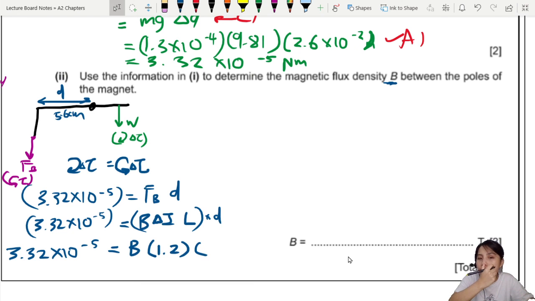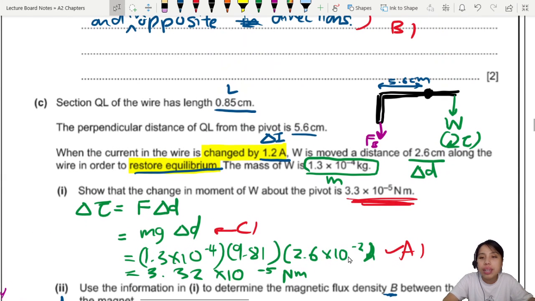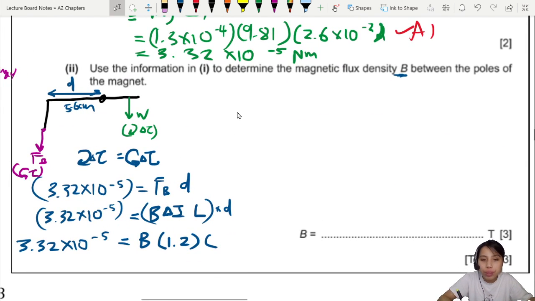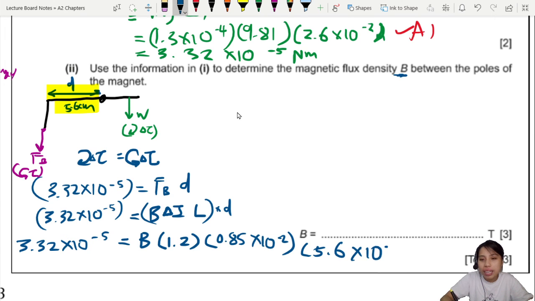Length of the wire inside the magnetic field, that would be L, so 0.85 cm. So here we go, 0.85 centi, don't forget. And lastly, distance: we put down there 5.6 times 10 to the negative 2 meters.